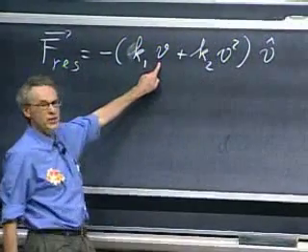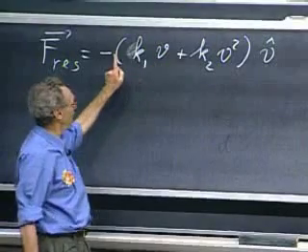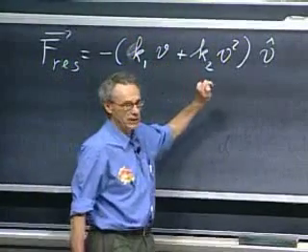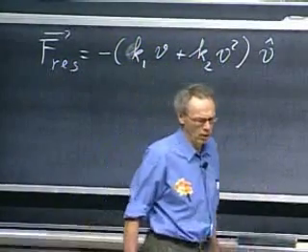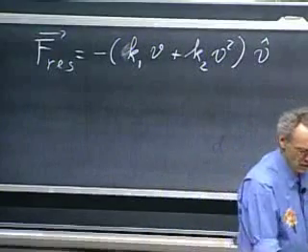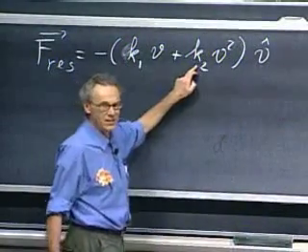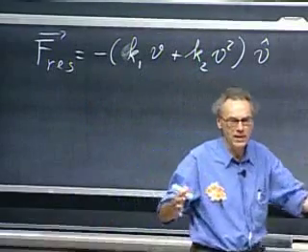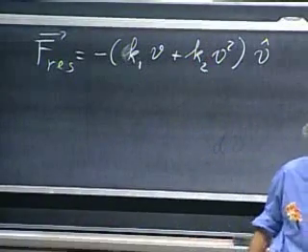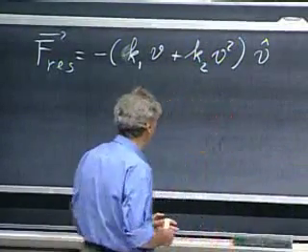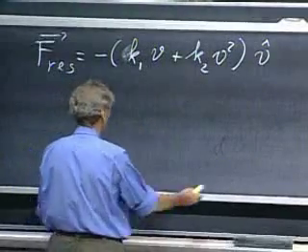This V here is a speed. So K1, V, K2, and obviously V squared, they all are positive values. And the K values depend on the shape and the size of the object and on the kind of medium that I have. Today I will restrict myself exclusively to spheres.